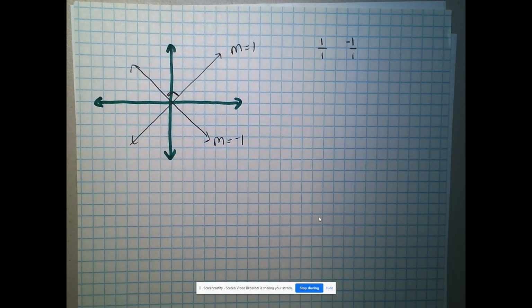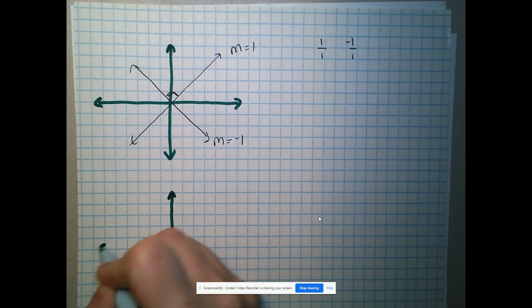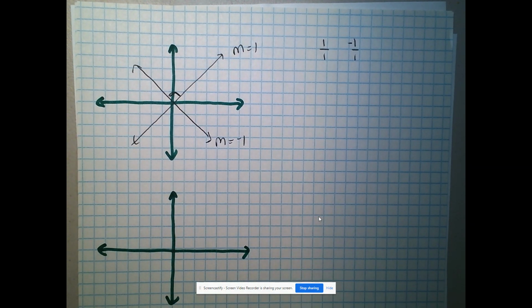All right, next one that they asked us to consider was something like 1/3. So if I graphed a line that had a slope of 1/3, I'll put it on the origin, 1, 2, 3, 1, 2, 3.